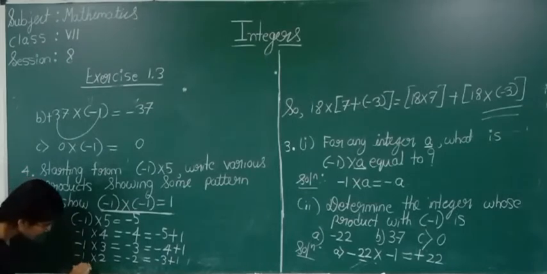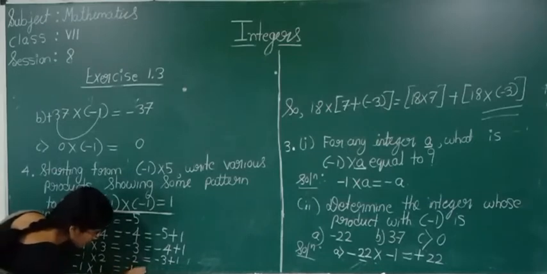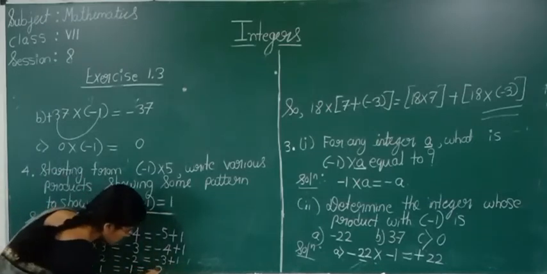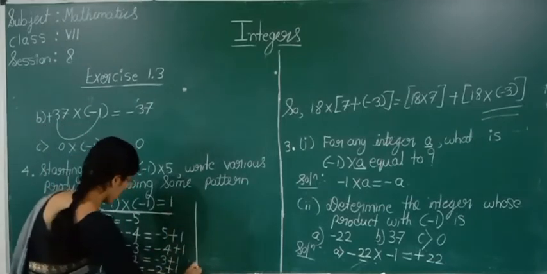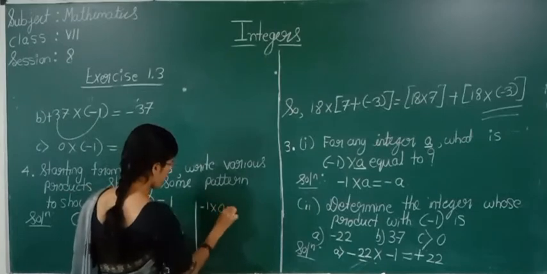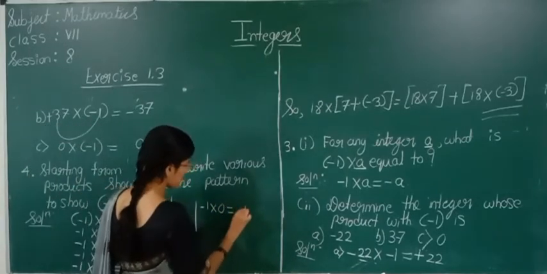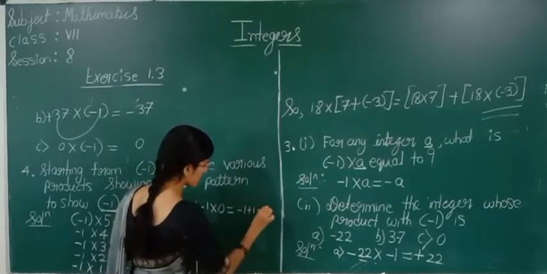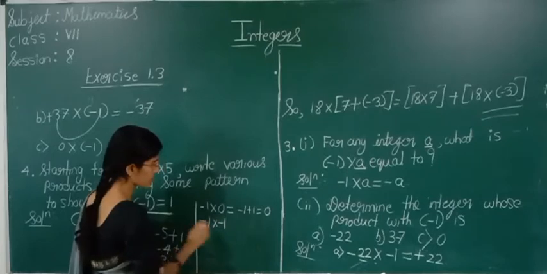Now see, minus 1 into 1, that will be minus 1, which is equal to minus 2 plus 1. Next, minus 1 into 0. Now see, minus 1 plus 1, if I do it, we are going to get 0. Minus 1 into minus 1.